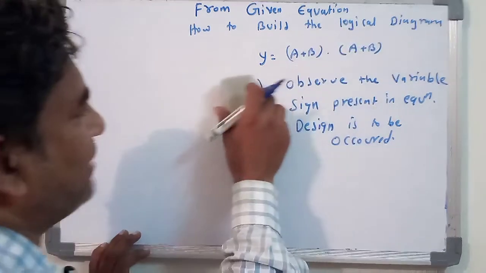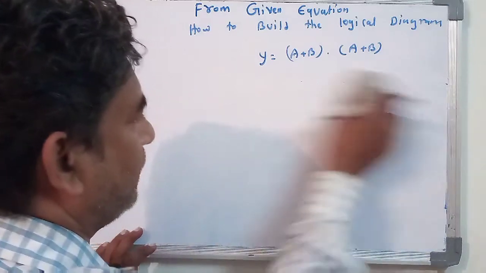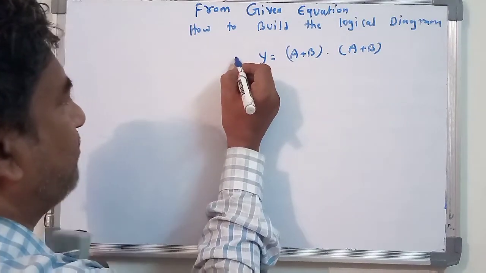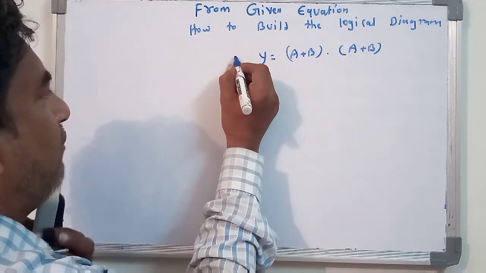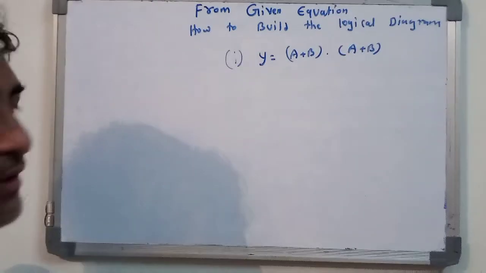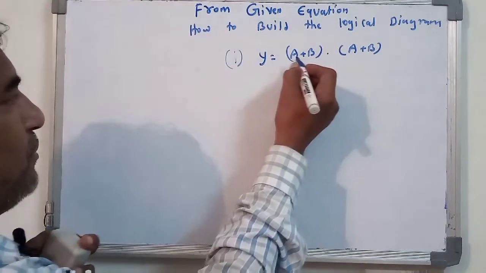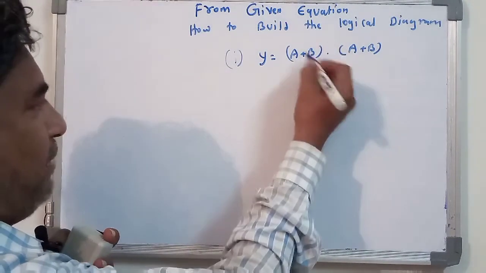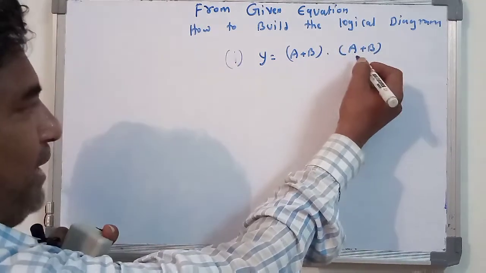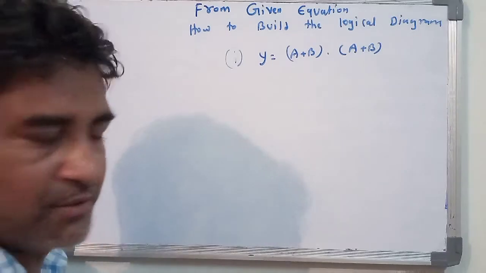Okay. As I have taken this example, on that day also I took two examples. But now I am taking a very simple example here. Here you have y is equal to (a plus b) dot, again in the second bracket, (a plus b). Okay, students.